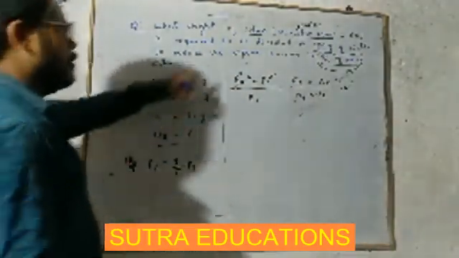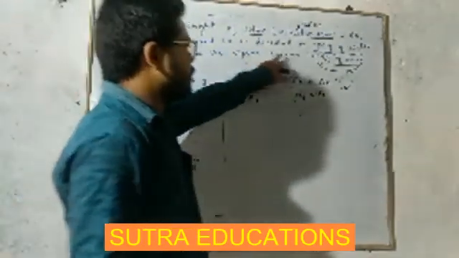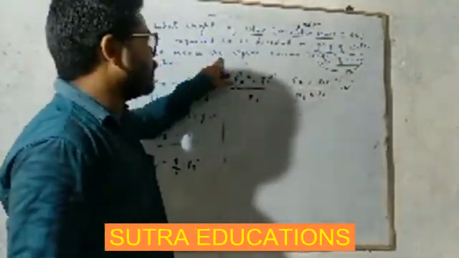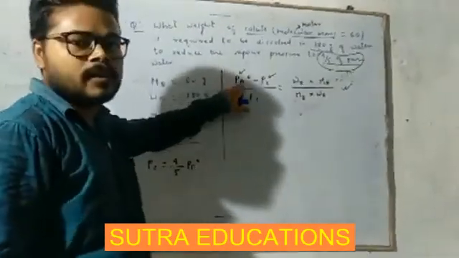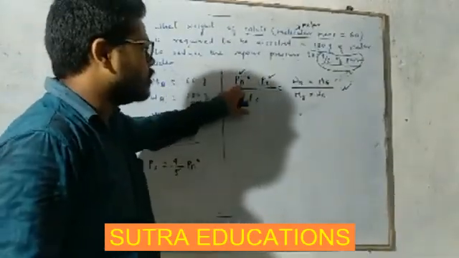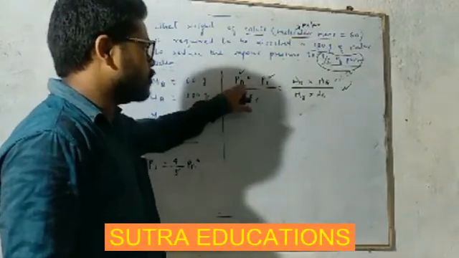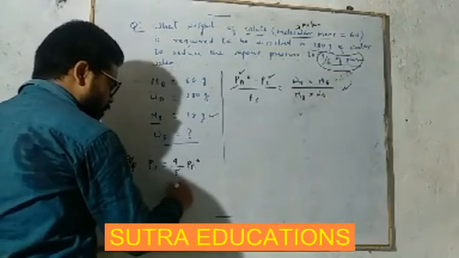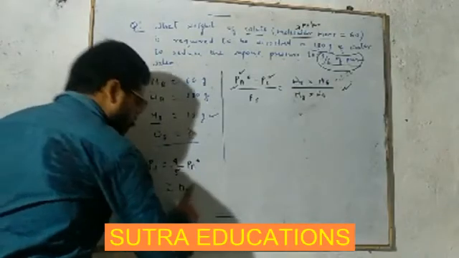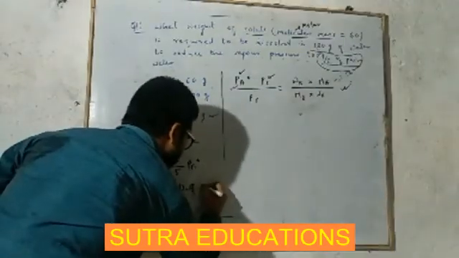To reduce the vapor pressure to 4 by 5 of pure water. So PA0 is the vapor pressure of pure water, and this should be reduced to 4 by 5 of PA0, or we can say 0.8. 4 by 5 means 0.8.